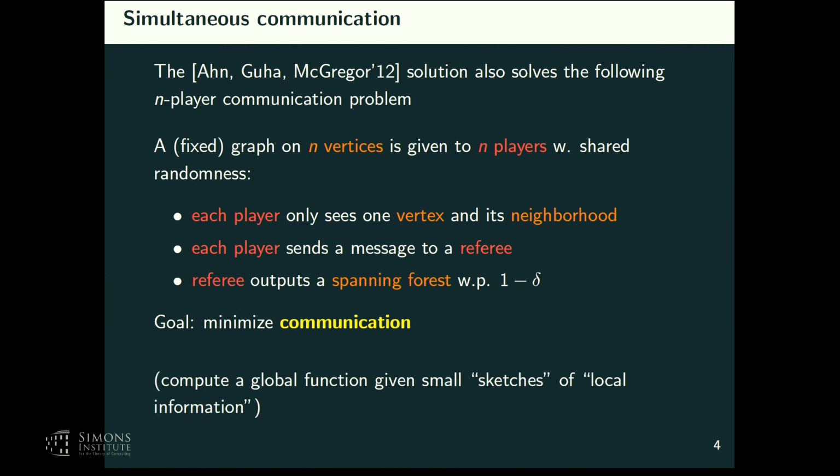In some sense, this setting is trying to compute a global function of a huge input, given small sketches of local information, which could be useful in a distributed setting where the whole input is too large to fit in one machine. We distribute it to different machines such that each machine computes a small sketch of the local information, and then we evaluate the global function based on all these small sketches.